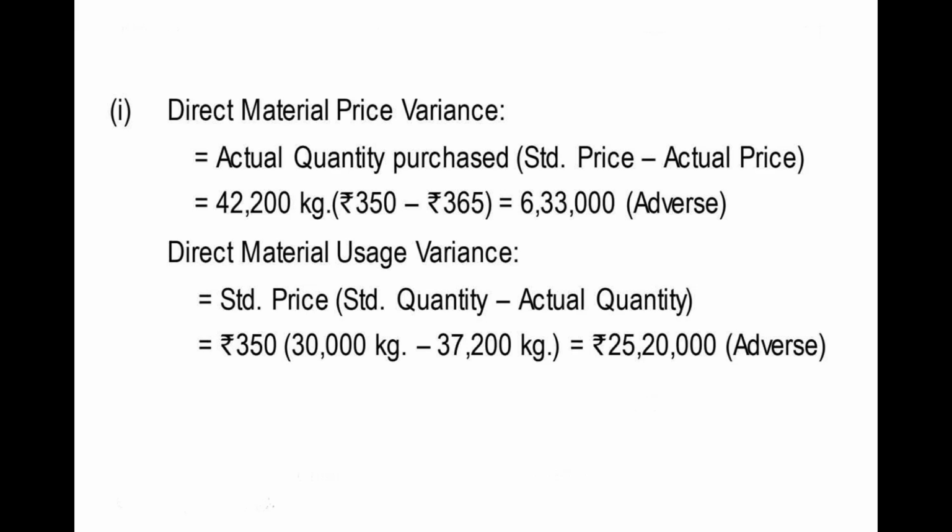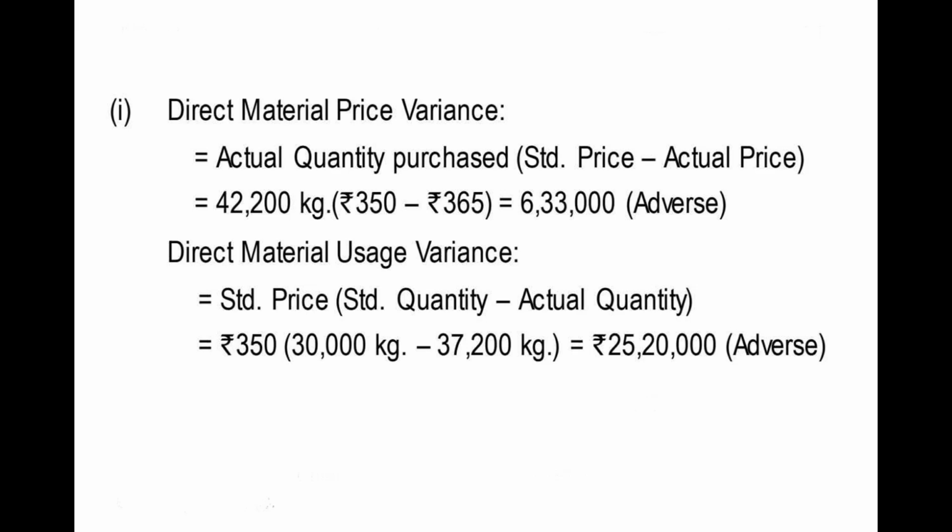The formula is standard price into, open the bracket, standard quantity minus actual quantity, close the bracket. The standard price given in the problem is 350. Update 350. The standard quantity is not given straight away in the problem, but all the indirect information is given in the problem itself. So what are the budgeted and actual quantities?